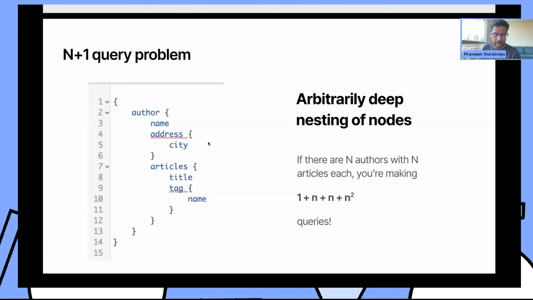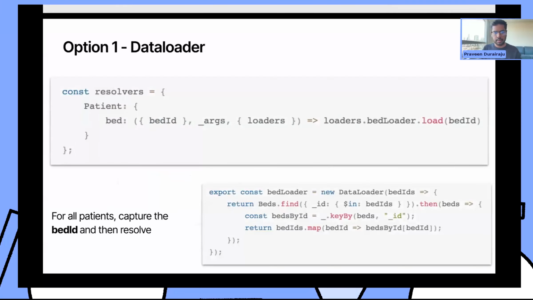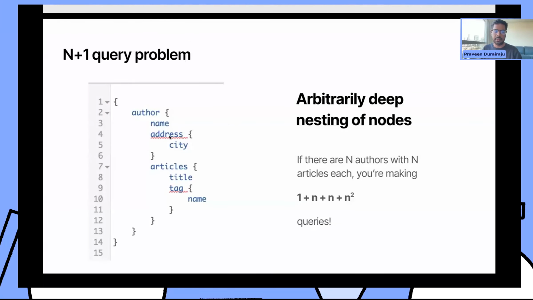So instead of 1 plus n plus n plus n square, you'll probably be making 4 independent SQL queries, right? And the way you can do this is by implementing a DataLoader approach, where you have a loader which accepts an argument of an array of IDs that you can pass in. For example, when you're fetching addresses for an author, you will have an array of authors that you want to fetch the addresses for.